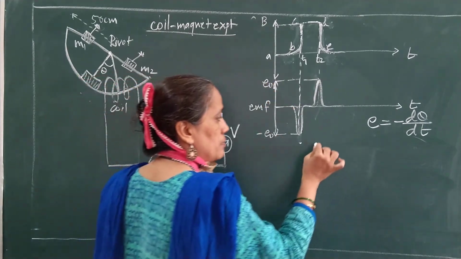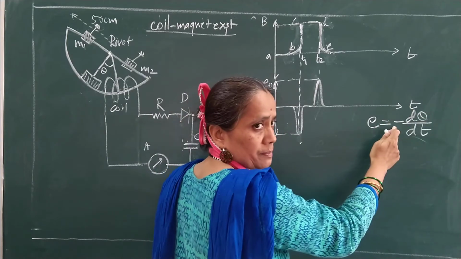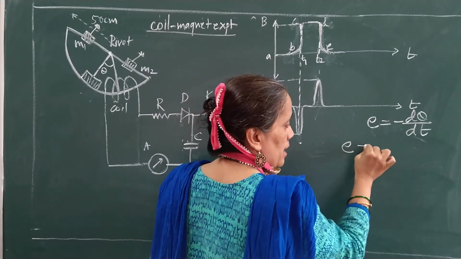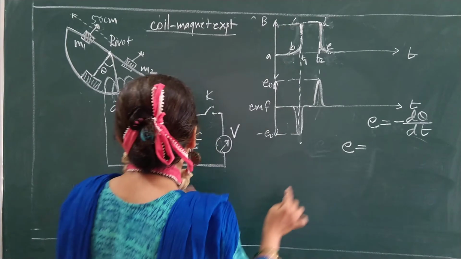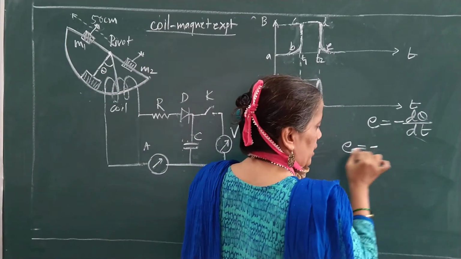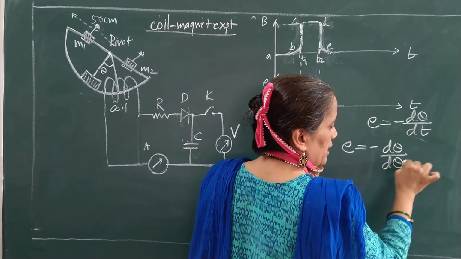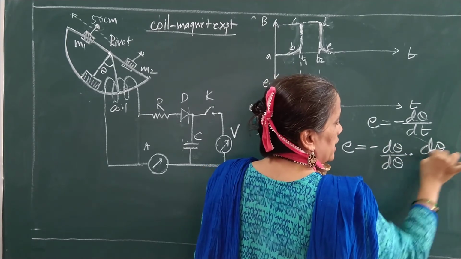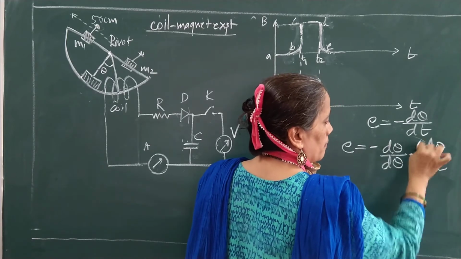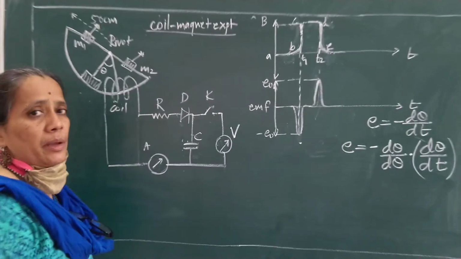Now this EMF generated, E, according to Lenz's law, we have written this. But now this EMF induced will be dependent on this theta value. Therefore, I can write E is equal to minus d phi by d theta multiplied by d theta by dt. Theta is what? Angle of the magnet.